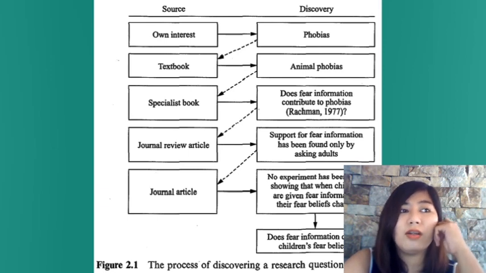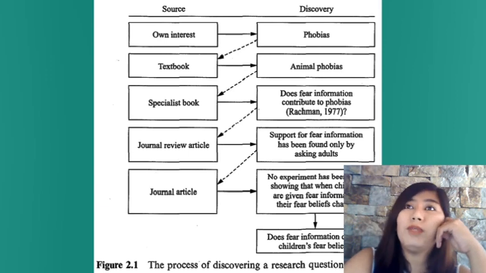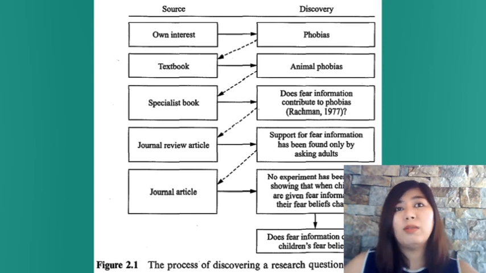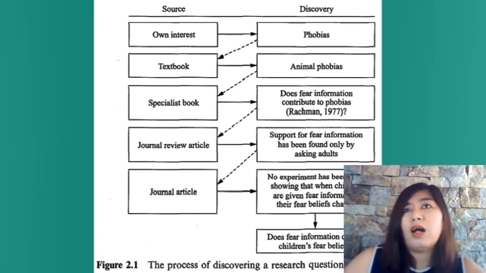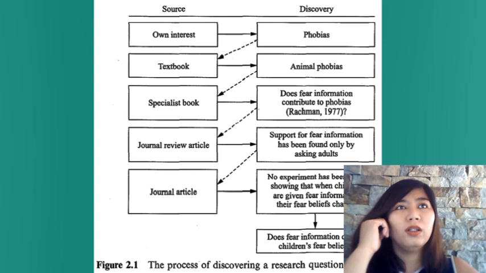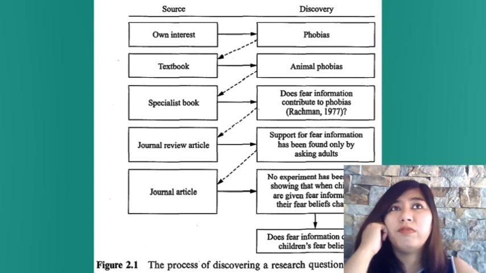And then if he's going to refer to a specialist book, there will be more explanation as to how phobias among animals work. The mechanisms as to how it works might be presented there. A specialist book is actually difficult to look for if you're not familiar with the field that you would like to work on.